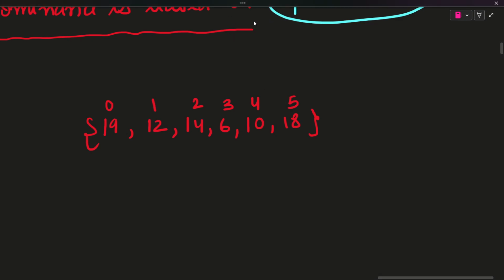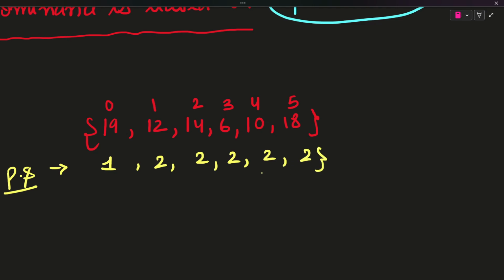Their prime scores, let me write it as PS, are 1, 2, 2, 2, 2, 2, right?